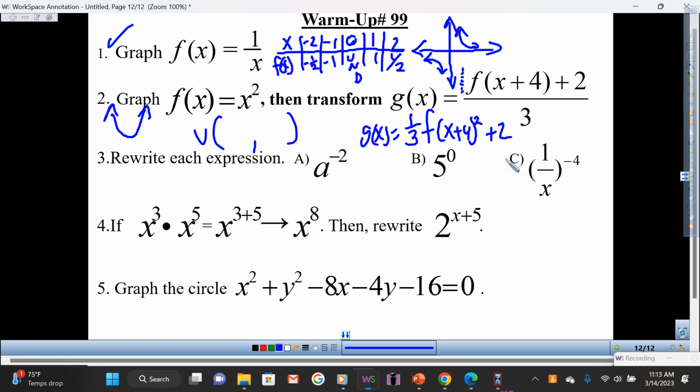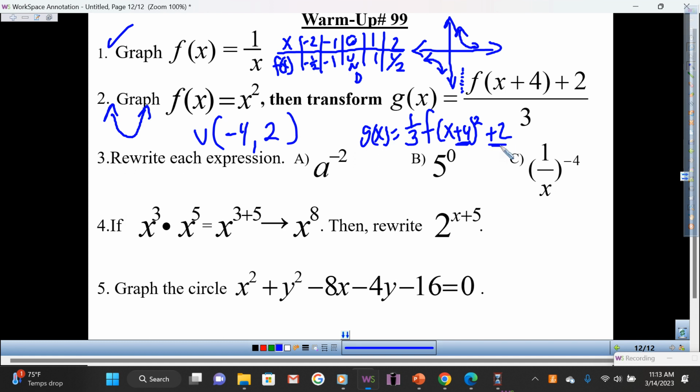Help him out, Diego Rosas. New vertex. -4 and 2. Let's go. Oh, that is correct. -4 from here and 2 from there.